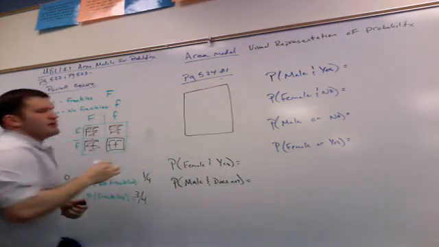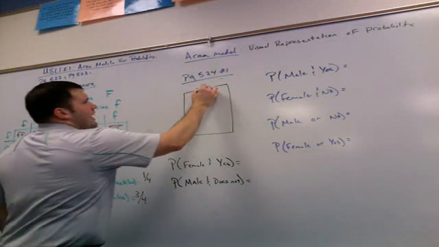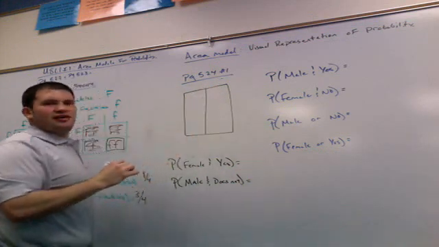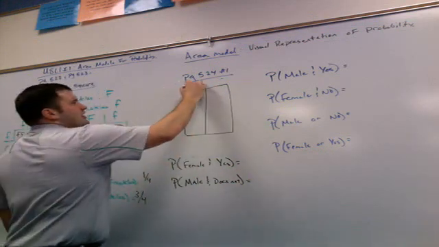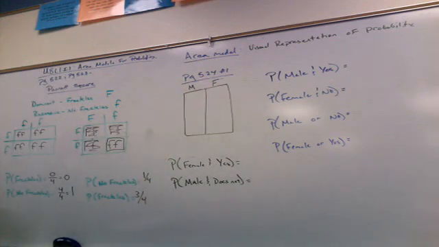Alright, here's an area. Now, how could I divide this up to show that half of the U.S. adults are female? Draw a line down the middle. Okay. So then one side can represent male and one side can represent female, right?